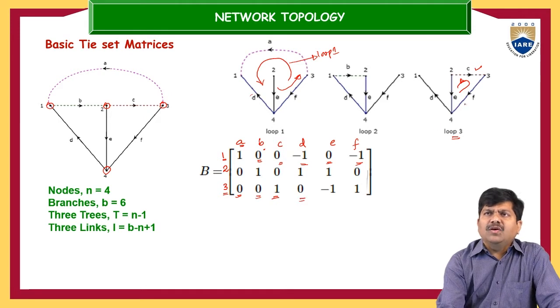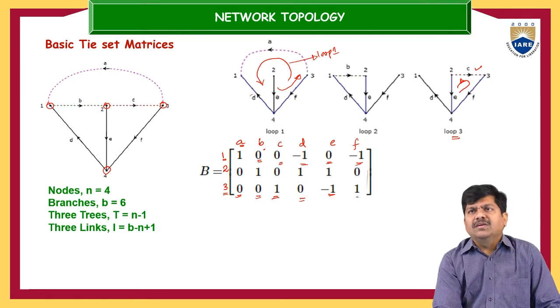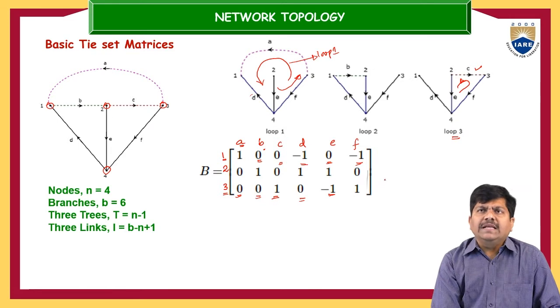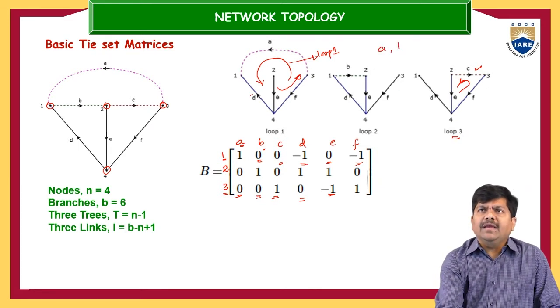Next is loop 3 versus element E. It is a part but traveling in the opposite direction, so -1. And loop number 3 versus element F is in the same direction, so it is +1. Now it is very clear what the links are here: A, B, C are the links, and D, E, F are the twigs.